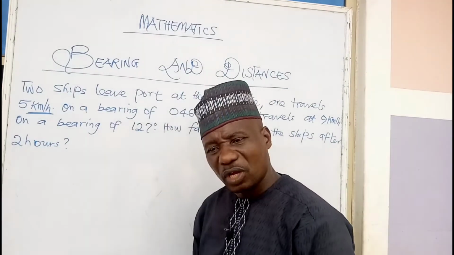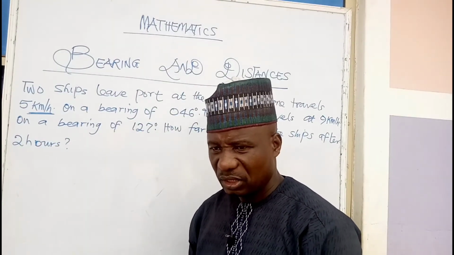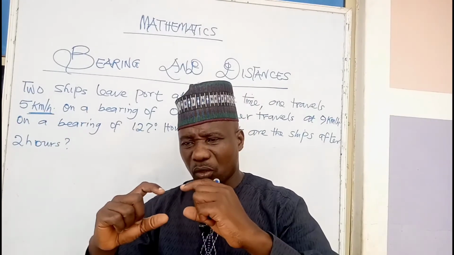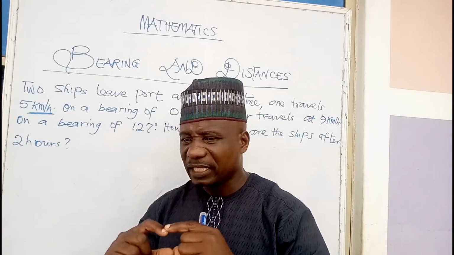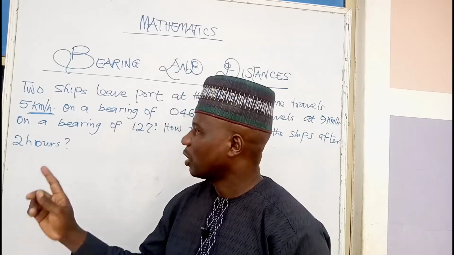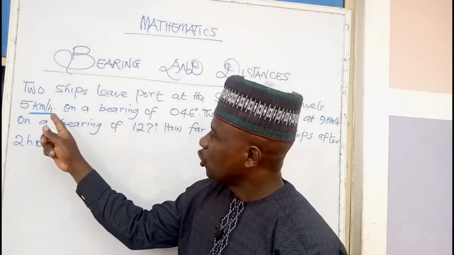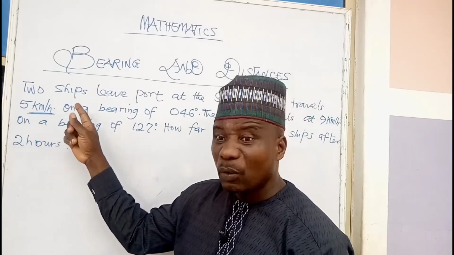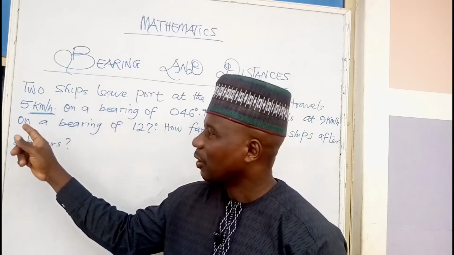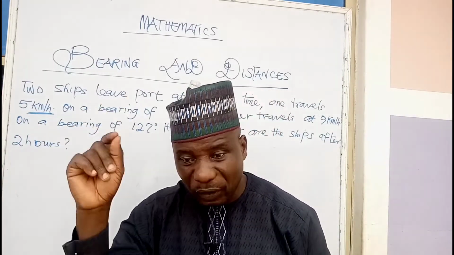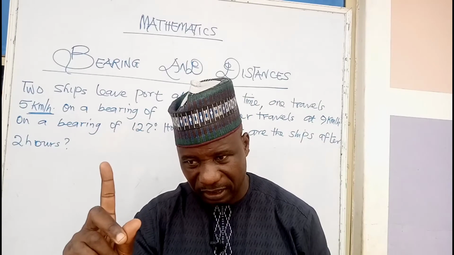This one, of course, is not a distance. The moment you have the distance and time being computed together, that is telling you speed. So when you see 5 kilometers per hour, it means it travels 5 kilometers in 1 hour. That's the interpretation.